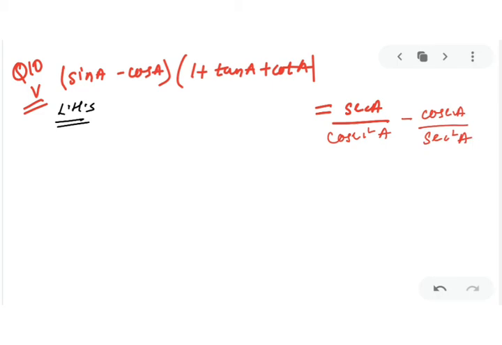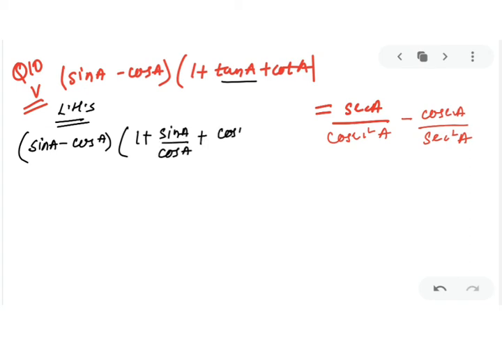Let's start solving the left hand side, and you will see sin A - cos A I am writing as it is. For tan A I am writing sin A upon cos A. Can I write that? And for cot A I am writing cos A upon sin A. Once I got this, I'll take sin A - cos A and keep it as it is.